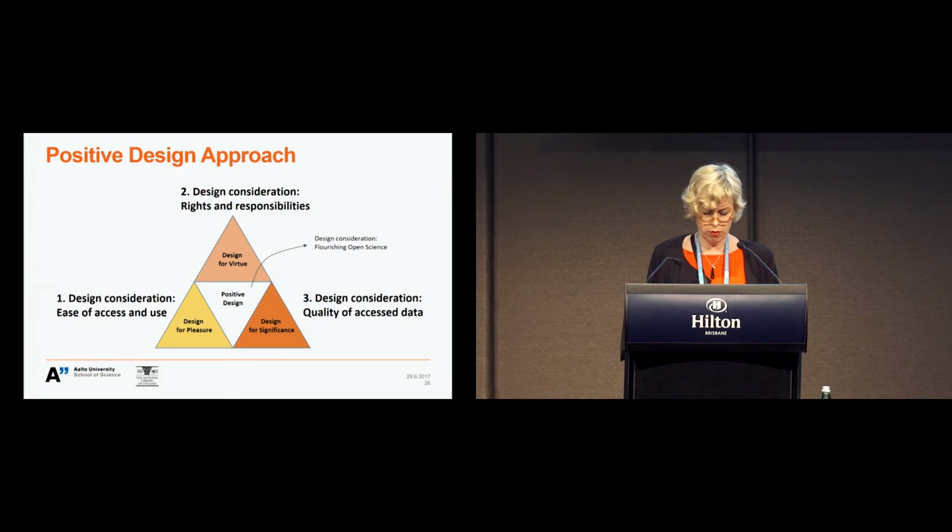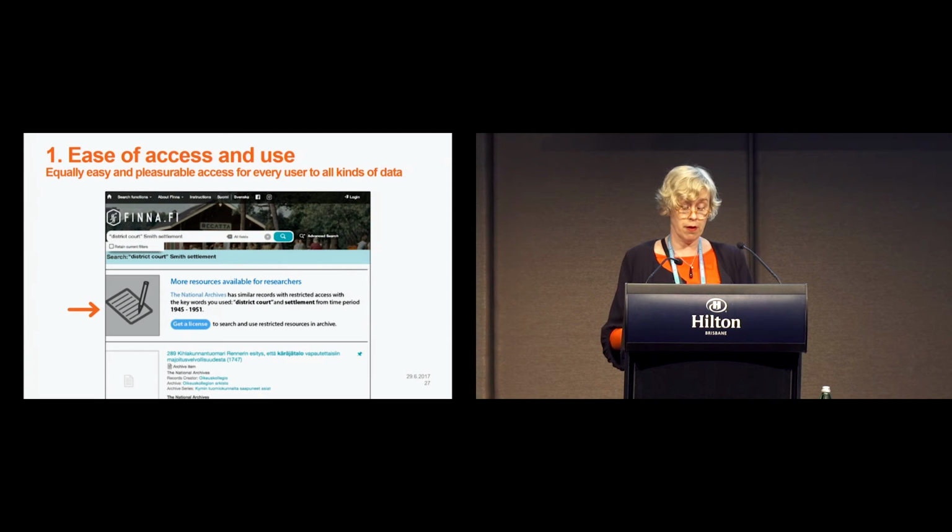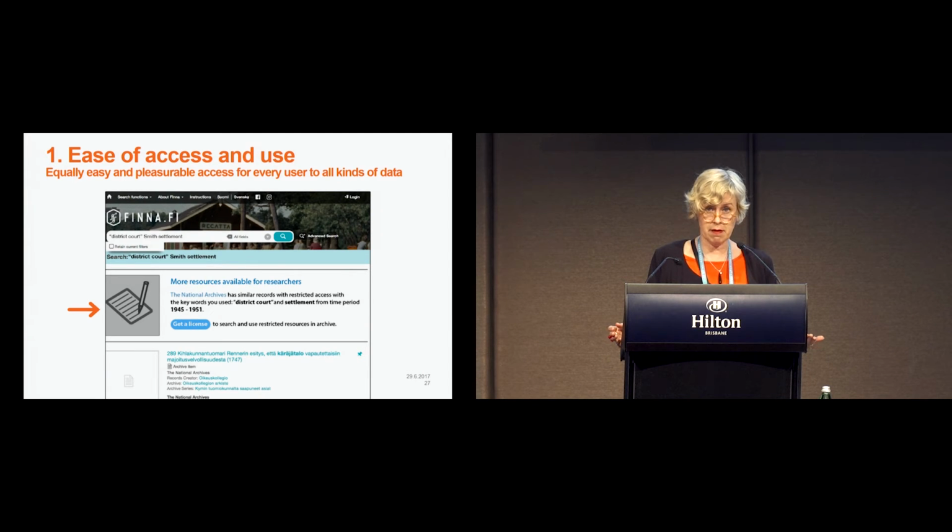And let me show you this practical example. I skipped one of these slides now. Ease of access and use in practice. This means that we should be able to show our users on the interface that there is restricted material, although we cannot even display the metadata because of its sensitive nature.